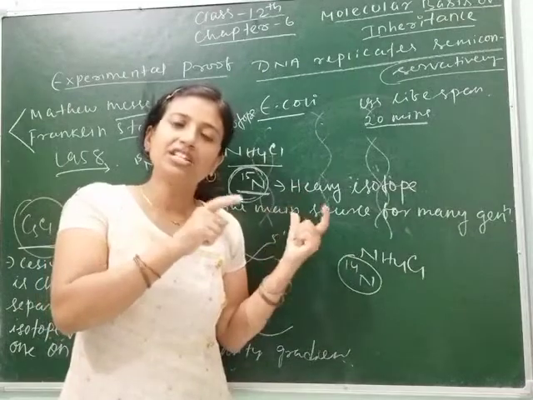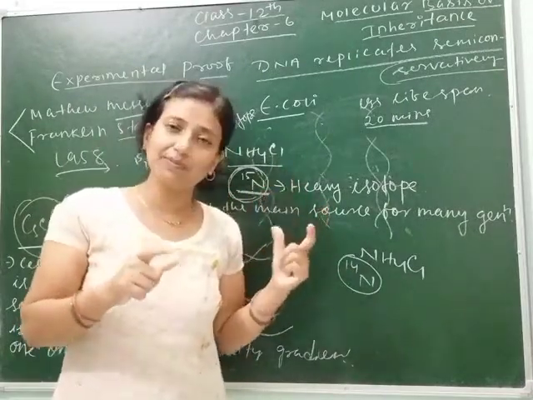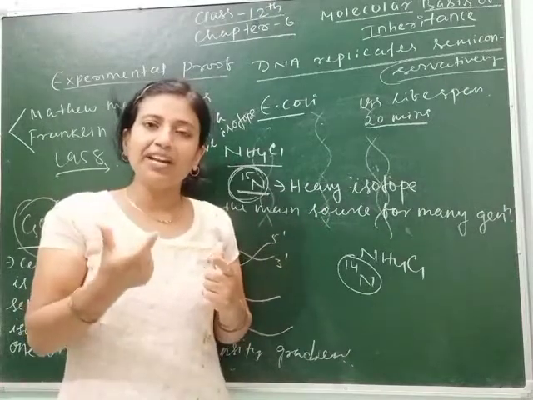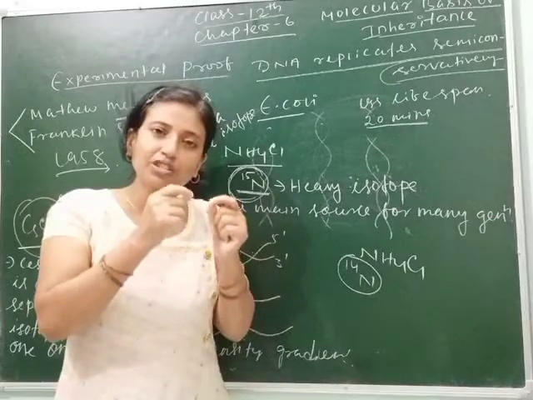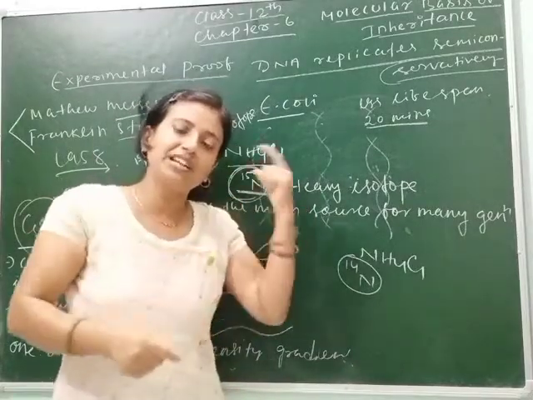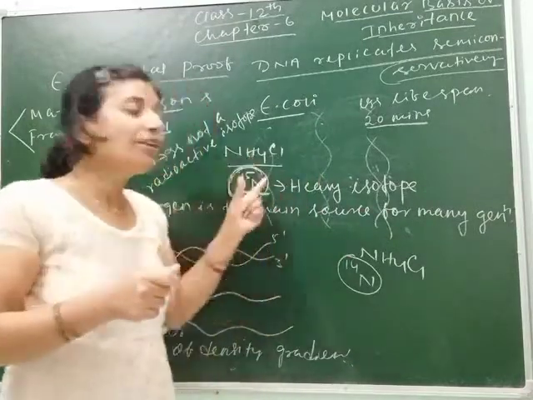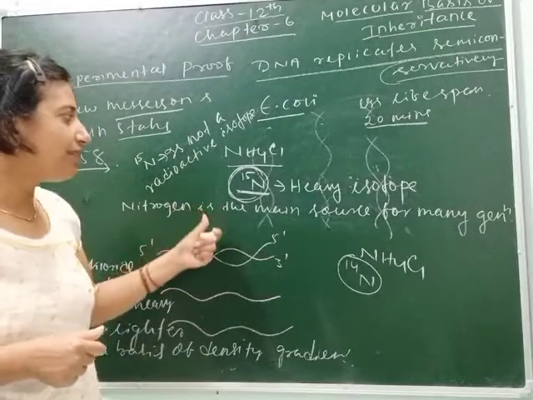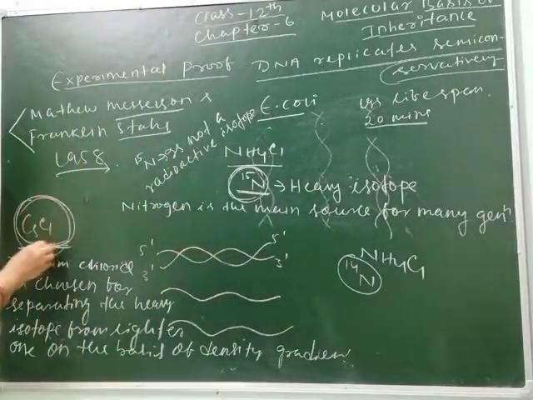And when it enters into E. coli, after some time, as you know, E. coli has a short lifespan, up to 20 minutes. So within 20 minutes it completes its life cycle. First the nitrogen 15 gets incorporated, meaning it enters, and then it gets separated. Again, to separate nitrogen 15 and nitrogen 14, cesium chloride solution is chosen.